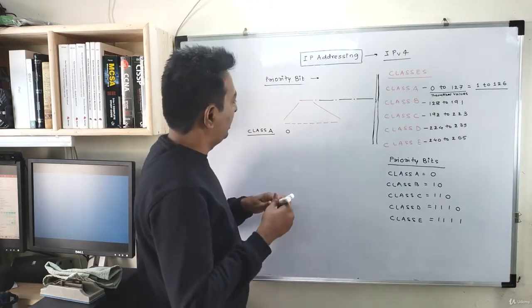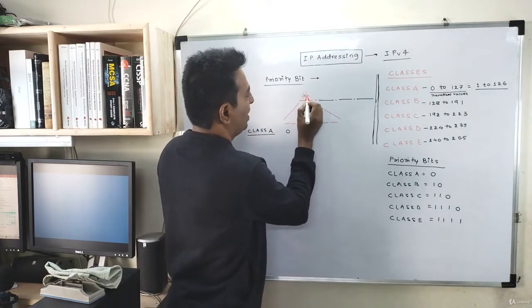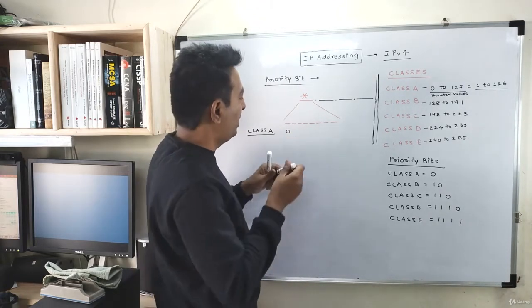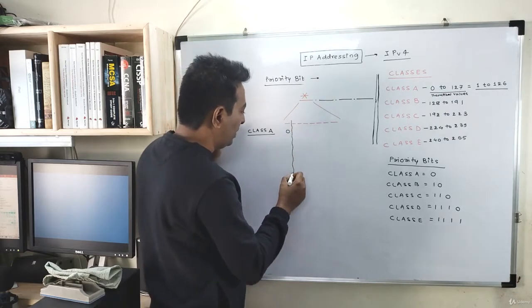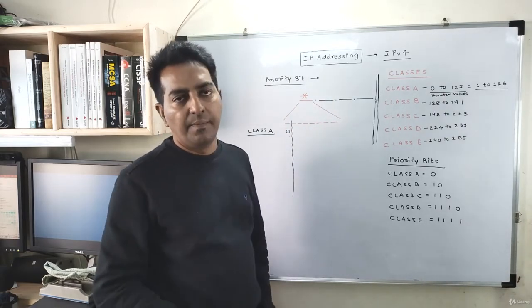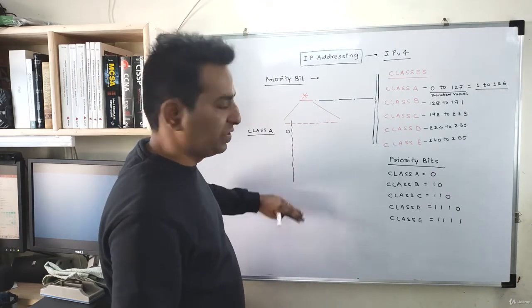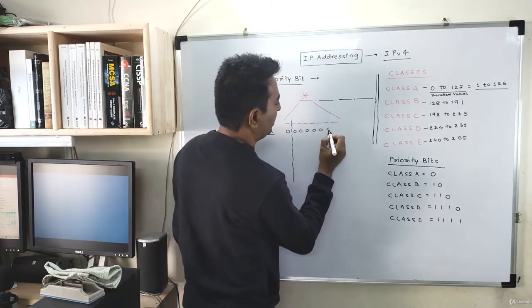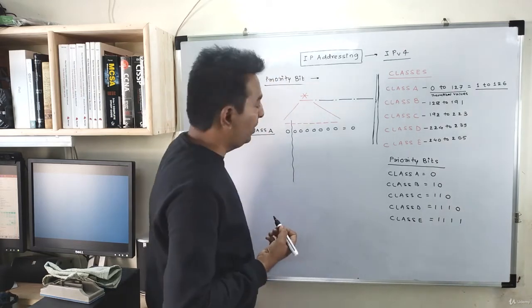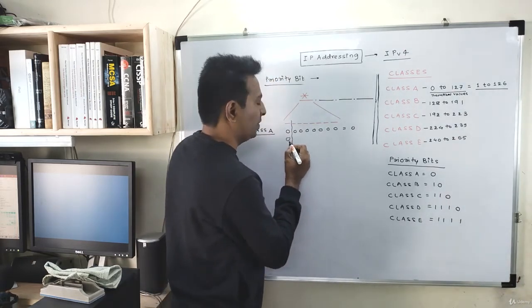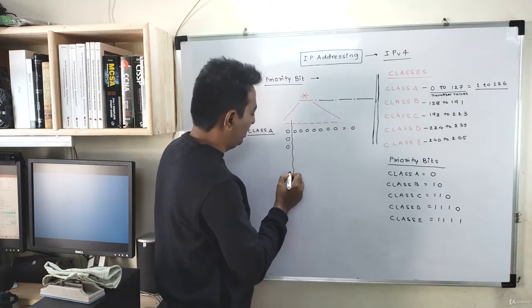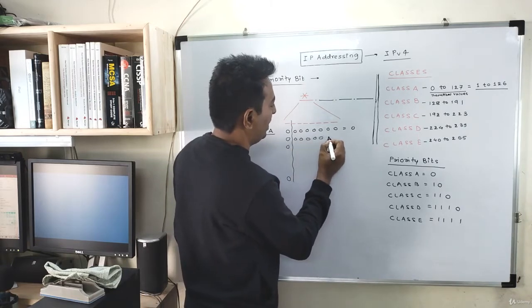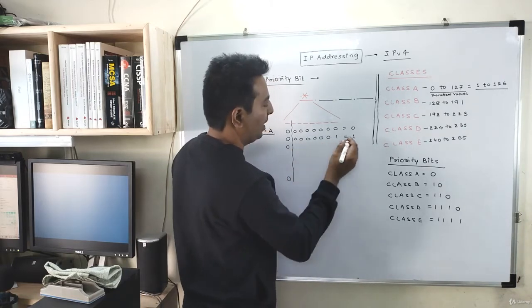Consider I have an IP address, the first field, and this is of 8 bits. If I say class A has a priority bit of 0, it means this bit is not going to change throughout the range. Now if I make all these bits 0, this is decimal 0. This is going to be 0 throughout the range. If I want to increment the value by 1, it is decimal 1. Now I want 3.